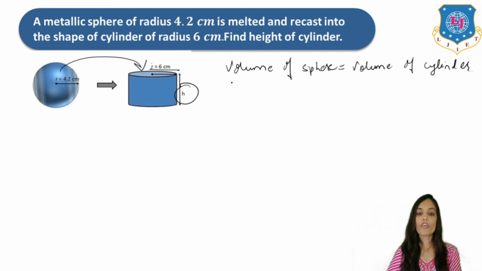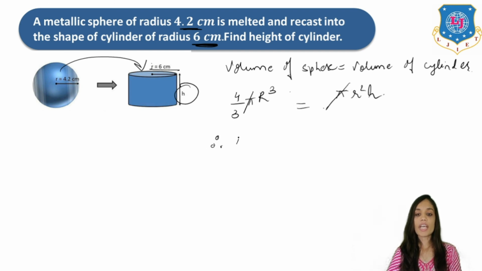We know the volume of a sphere formula is 4 upon 3 pi R cube. Why am I taking capital R? Because you can see both the radii are different. And the formula for the volume of a cylinder is pi r square h. Now we can cancel pi and make h the subject. So h will be 4 upon 3 capital R cube upon small r square.